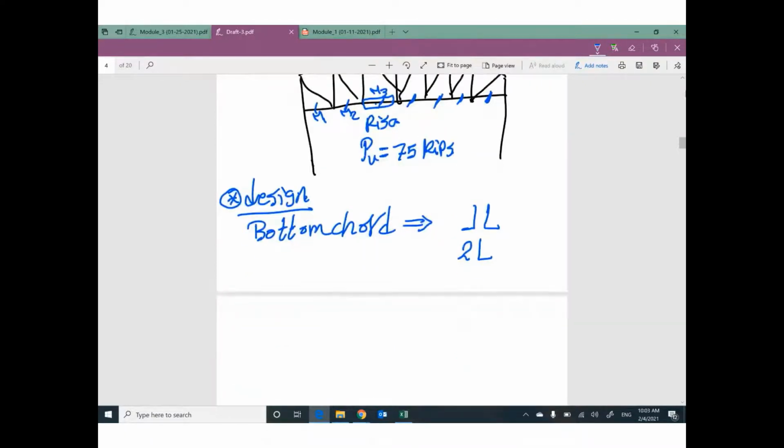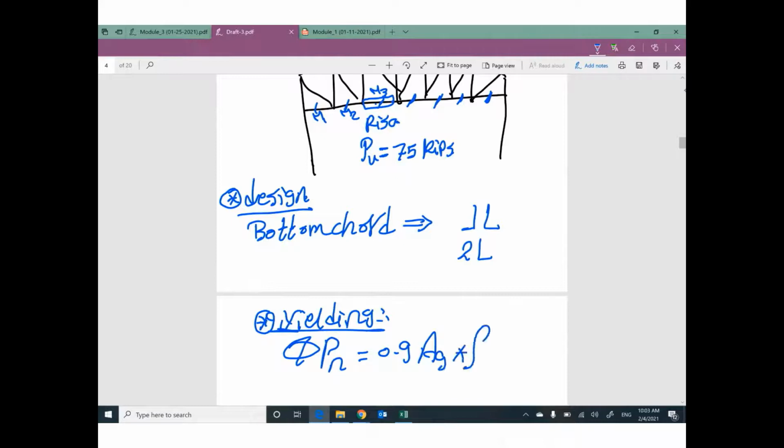So the first step, we need to satisfy yielding. That means the design strength equals 0.9 times area gross times F yield. I decided also to use A36 steel. What is the value? It's up to you. 36? Okay, 36.